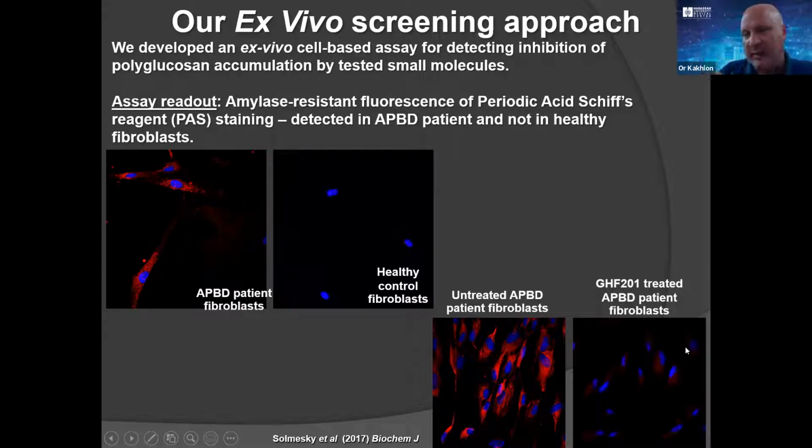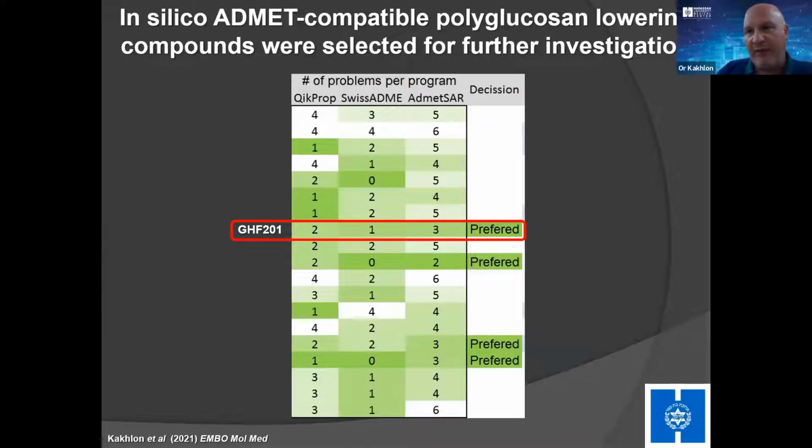We didn't know at this stage by what mechanism, but we just selected the molecules which reduce the polyglucosans. Again, from this condition to this condition, and GHF201 was one of them. How did we select GHF201 from all the positive hits we discovered? The first step, we did some toxicity assays, and so on.